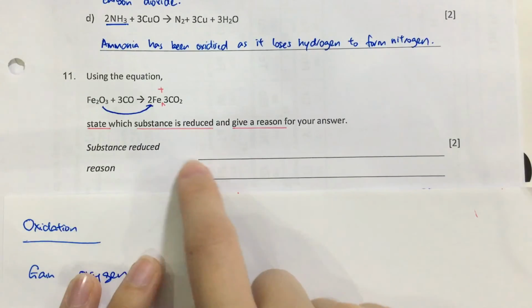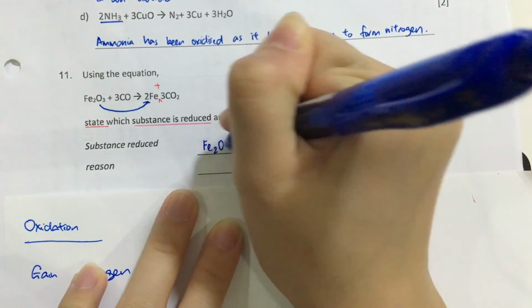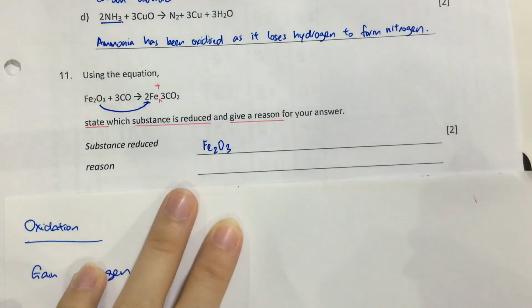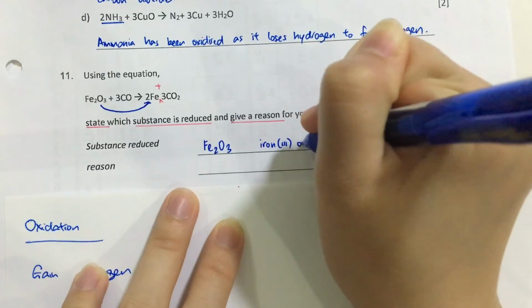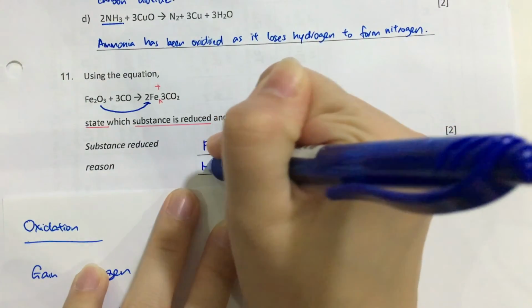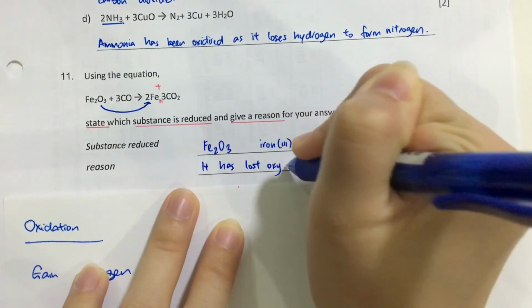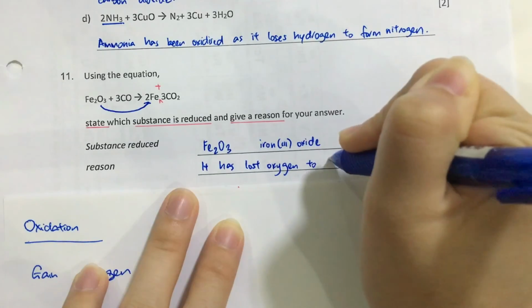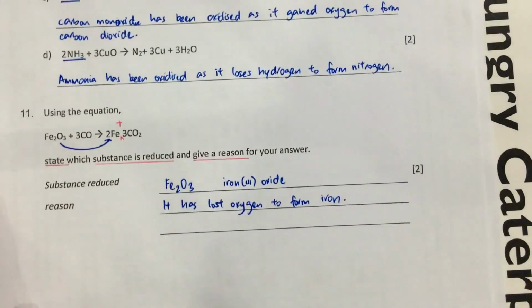When they ask you to state the substance reduced, you can simply write Fe2O3 because they didn't ask you to state the name. But if you want to know the name, this is iron trioxide. And the reason is because it has lost oxygen to form iron. Okay, and that's it.